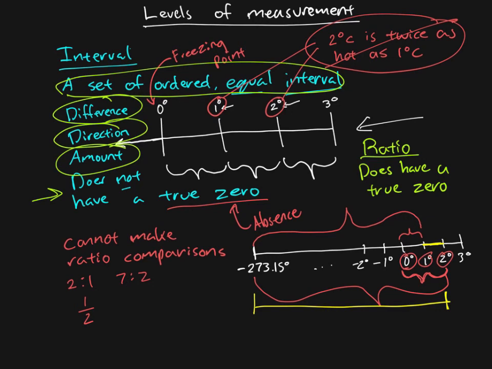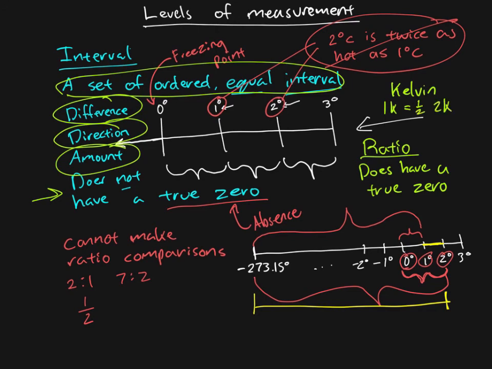If we want to make a comparison with the Celsius temperature scale, there's another temperature scale called the Kelvin temperature scale. And on the Kelvin scale, 0 Kelvin is an absence of temperature, an absence of any molecular motion. There's no heat going on there. So that is an example of a ratio scale. And in that case, you could say something like 1 Kelvin is 1/2 of 2 Kelvin.